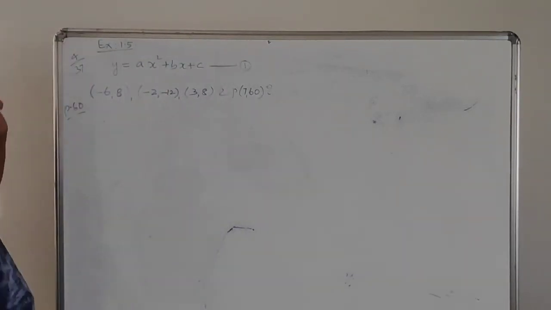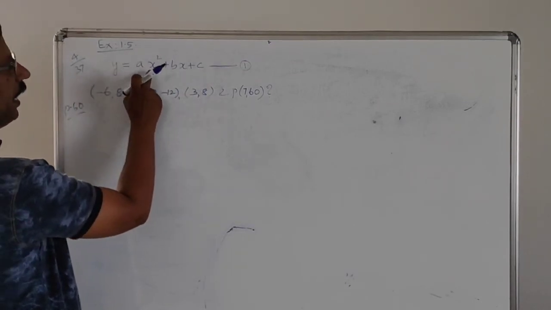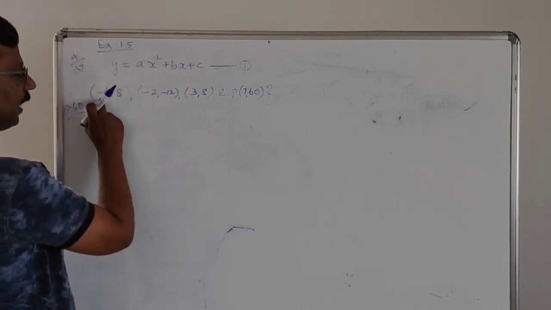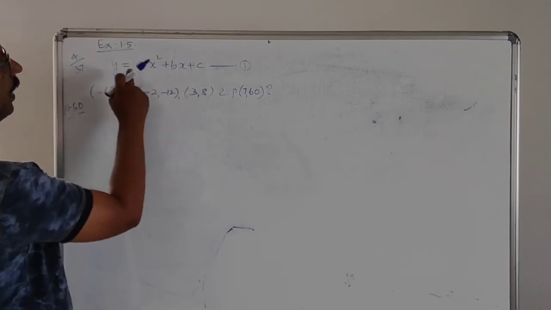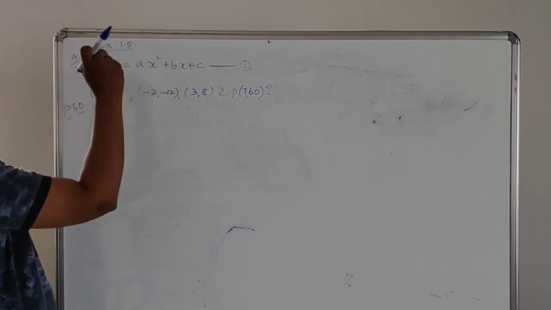The boy is walking through this parabolic path and its equation is given, y equal to ax square plus bx plus c. Now, these points minus 6 comma 8, minus 2 comma 12, 3 comma 8 are lying on this parabola, means definitely these 3 points will satisfy this equation.